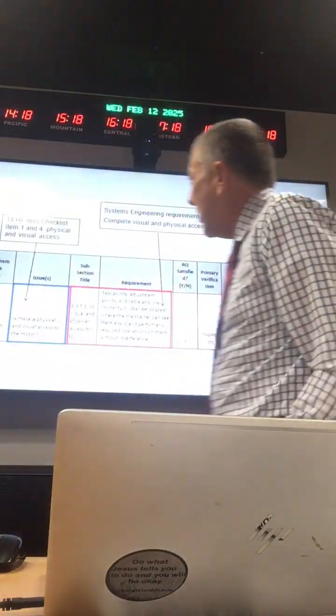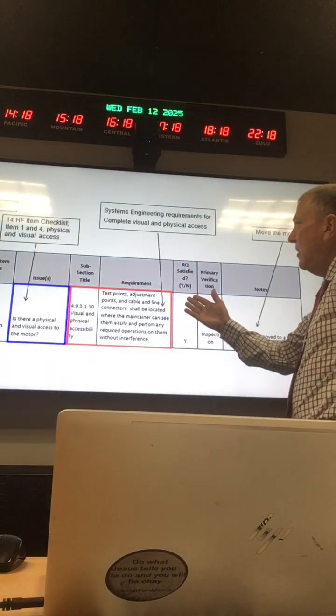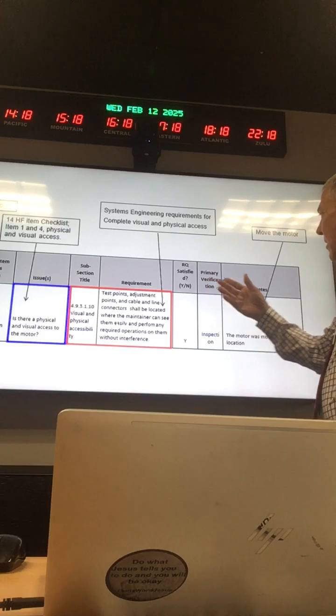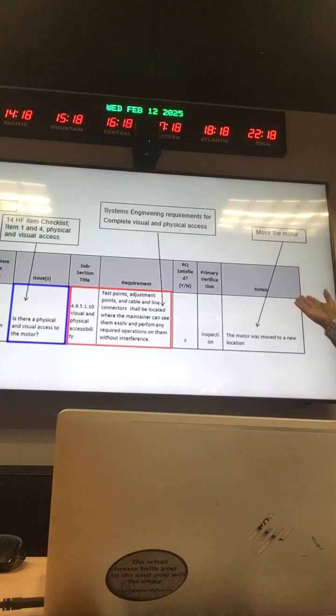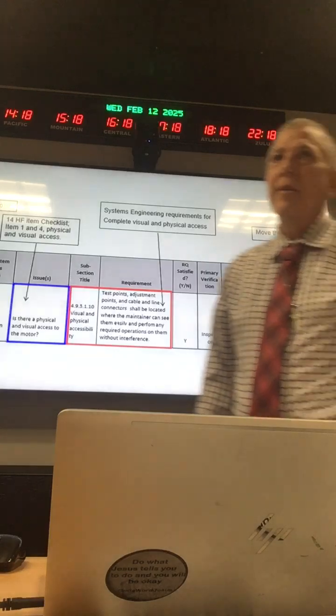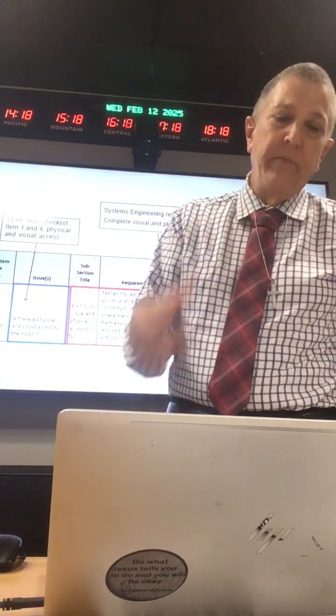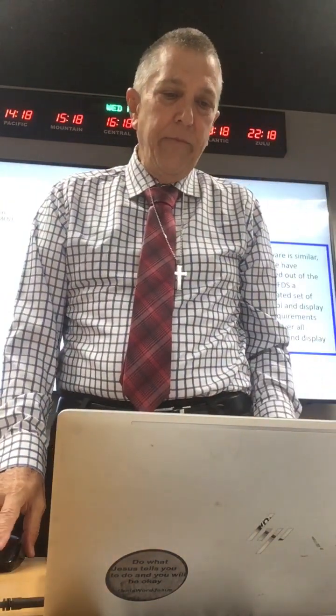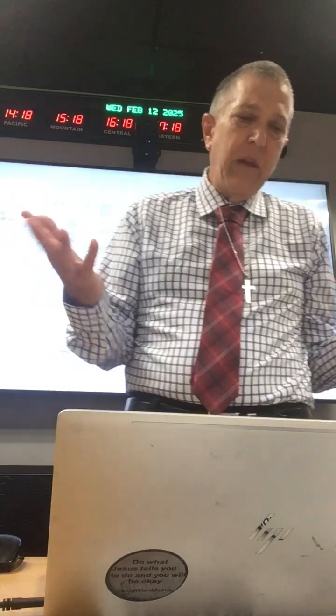This keeps confusing me, so I'll go to the next slide. In the spreadsheet, you can see where we put the requirement, what we are going to do to fix it, in the notes, and whether it was satisfied. We moved the motor to get more access for it. So this is basically a one-liner of the human factors assessment that we have for the subsystem, and there are sometimes hundreds of lines.